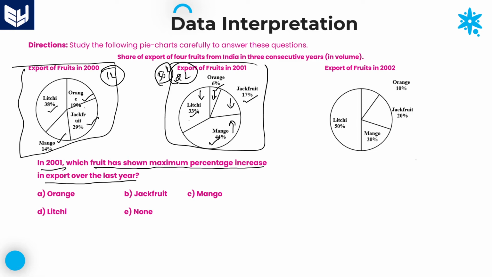So whatever the total exports for 2000 as well as 2001, mango will definitely get the maximum percentage increment as compared to the previous year. So your answer becomes mango. Option C is the right answer for this question.